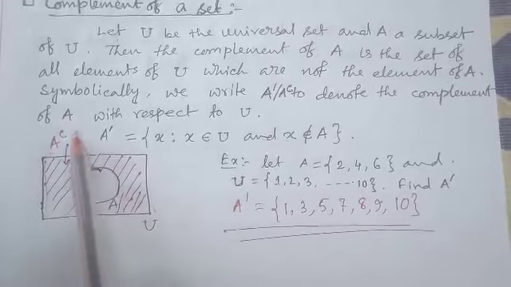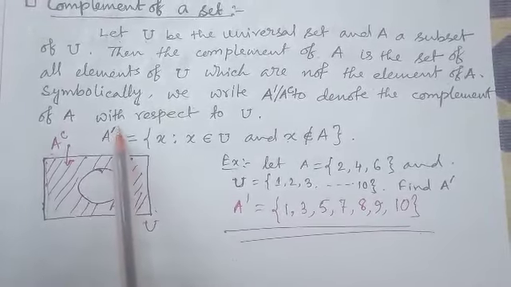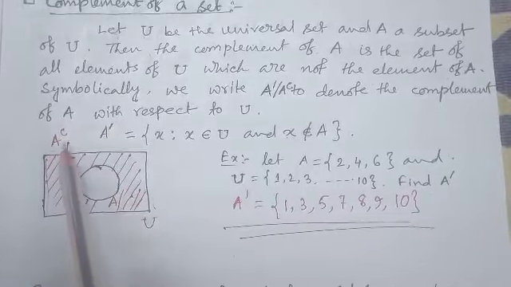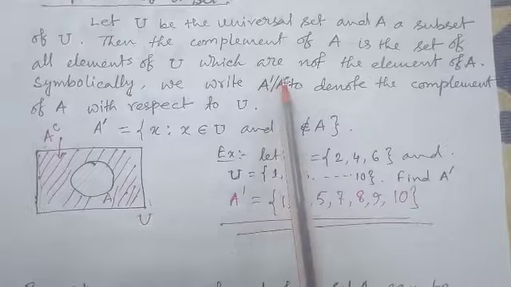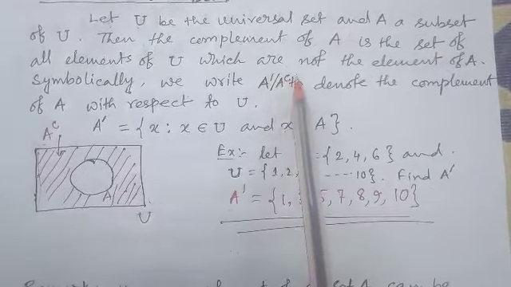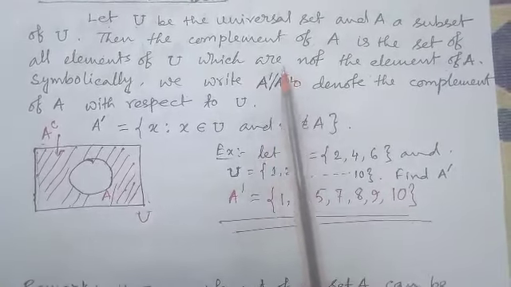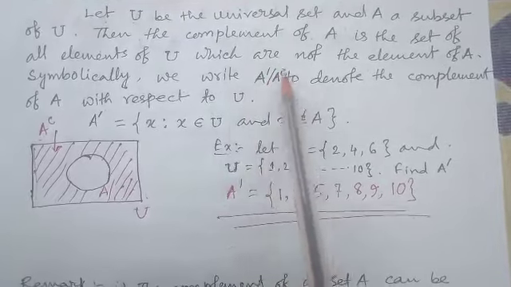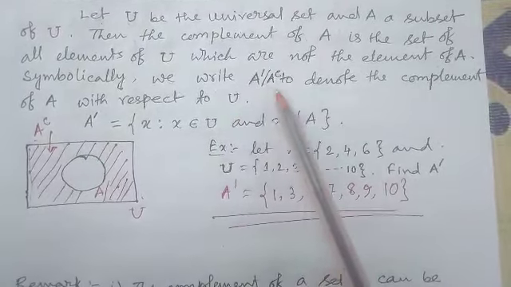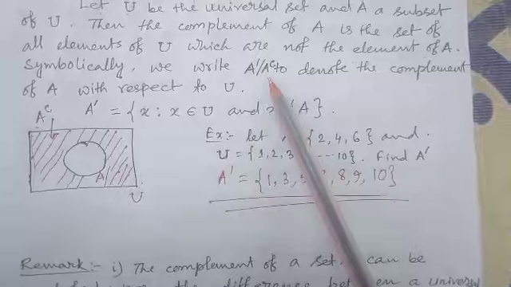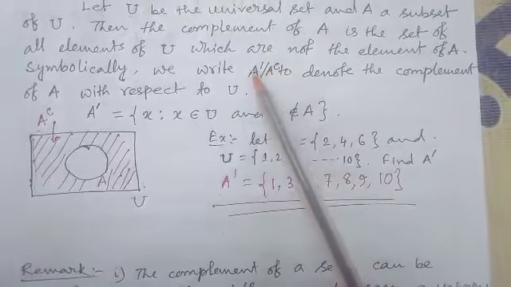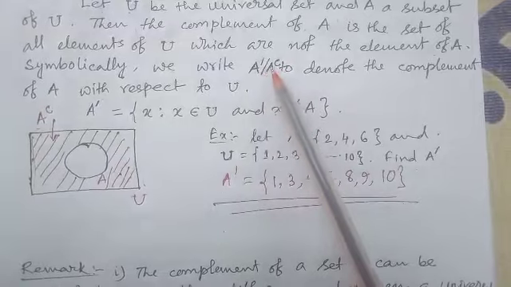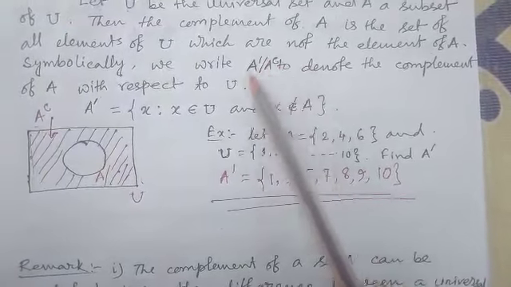And how do you denote this complement? A dash or A to the power C, that means suffix C. Okay, either A dash or A C. This is your denoting sign of complement. That means when we see A dash or A C, then we read it as A complement.